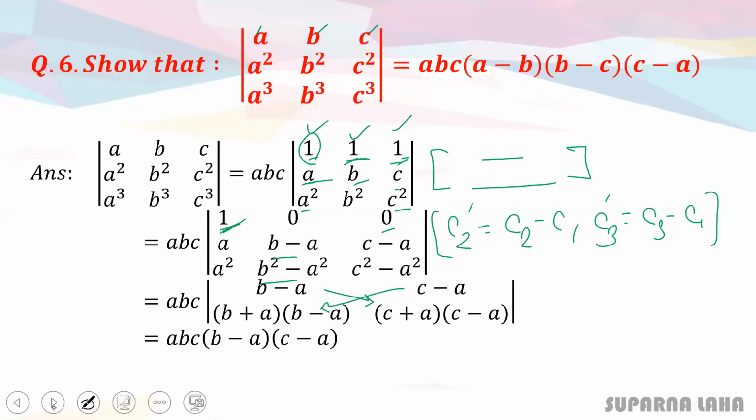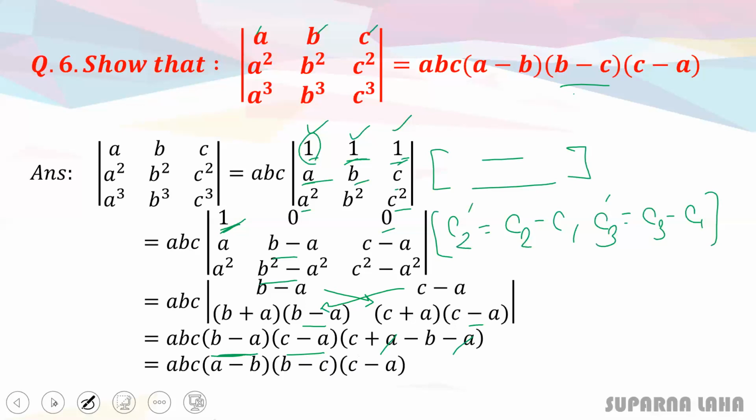Just write down the value and take common this B minus A and C minus A. So A cancels and the remaining term is C minus B. Since B minus C is there, take minus common and adjust this minus in B minus A. So you will find ABC into A minus B, B minus C, and C minus A is the answer. So we proved it.